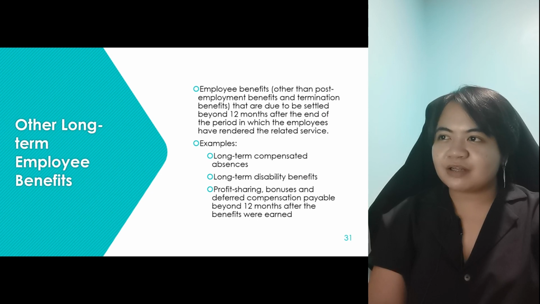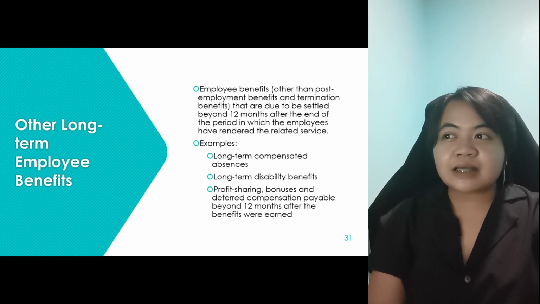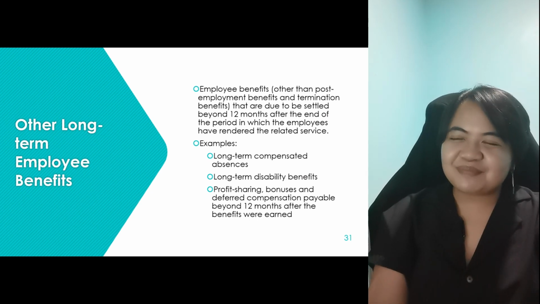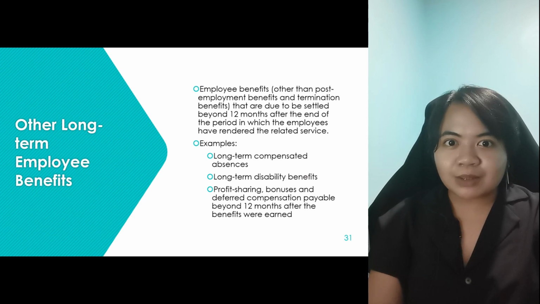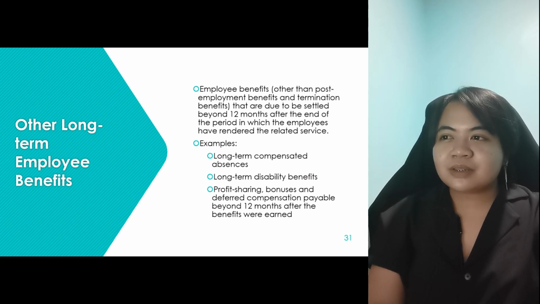Other long-term employee benefits. These are employee benefits, other than post-employment benefits and termination benefits, that are due to be settled beyond 12 months after the end of the period in which employees have rendered the related service. Examples are long-term compensated absences, which few employers give, and long-term disability benefits.